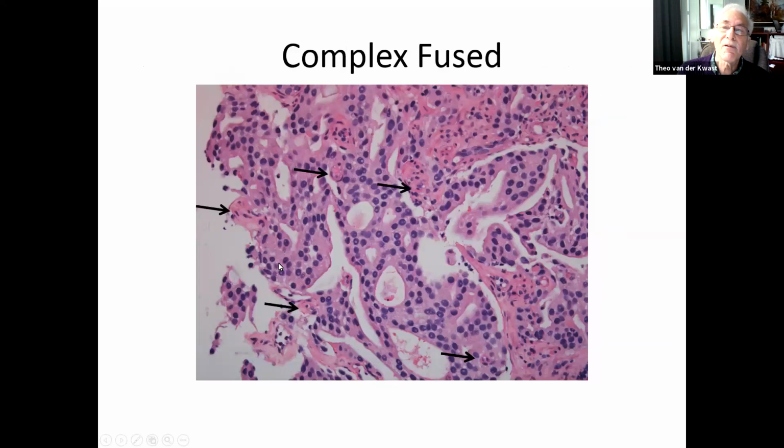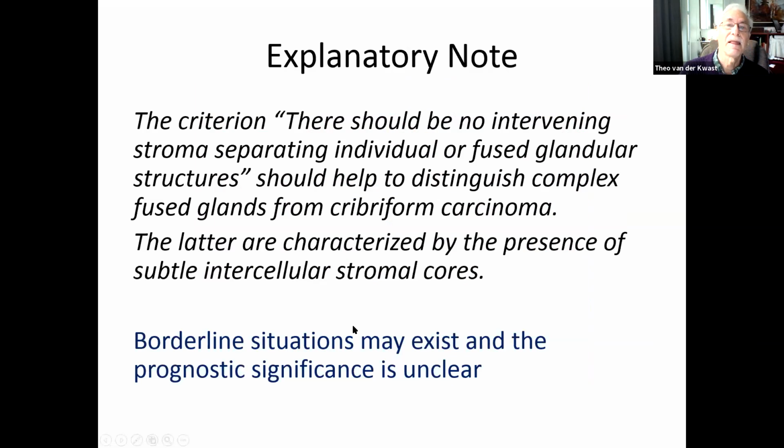Here another example, a more clear-cut example of complex fused glands, where you have a bit of cribriform appearance, but some intervening capillaries and stroma are present as well. In fact, we do not really know what is the prognostic impact of these complex fused glands with these capillaries in between. And it might be that they have an equally poor prognostic impact as a cribriform pattern. We just don't know.